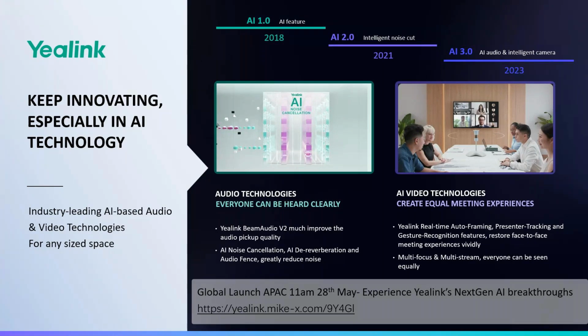Then in 2021, we got intelligent noise cut, so they were able to add noise cancellation. And now with AI3, we have AI audio and intelligent camera combined. Now, we are just merging into the next generation of AI.